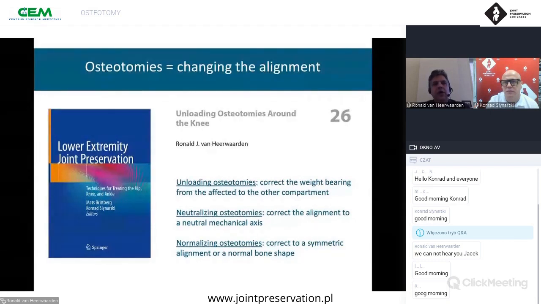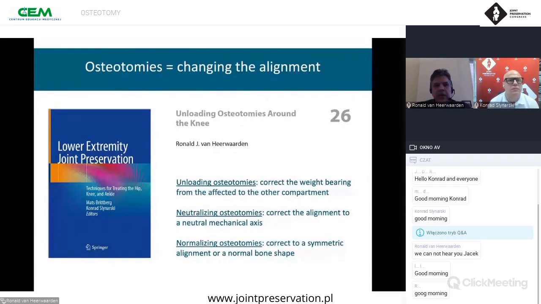Neutral axis, for example, as osteotomy in a very damaged post-traumatic knee, just realign to neutral. Then you save a joint. And also for cartilage procedures, if you want to do cartilage reconstructive procedures or anything else like that, it might be worthwhile to do a correction to neutral.